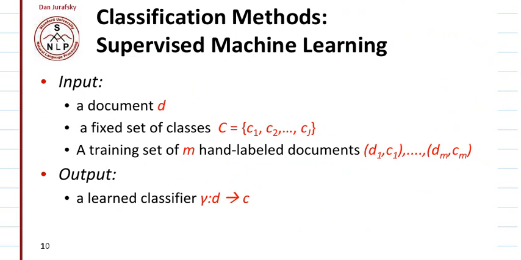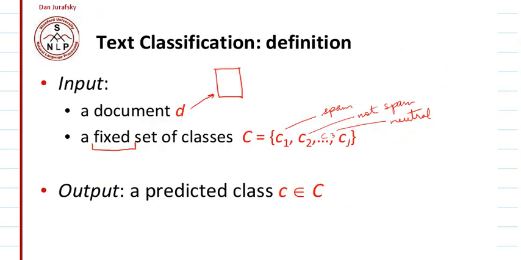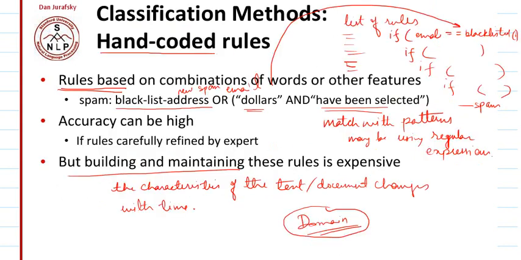Right, so we have supervised machine learning methods with the help of which we try to solve this problem. Initially we said that we have only a document and a fixed set of classes, and the solution was handcrafted rules.